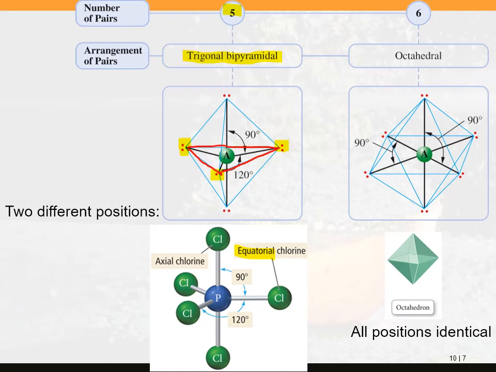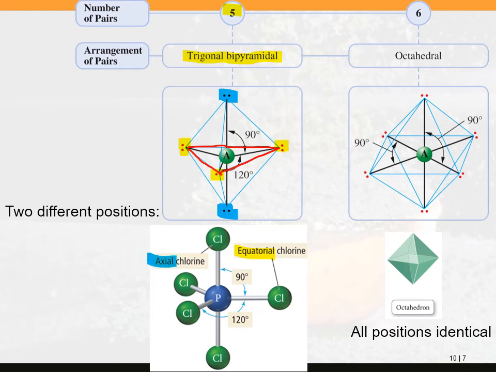The other 2 positions, they are at the apexes of the pyramids, and they're called the axial positions.